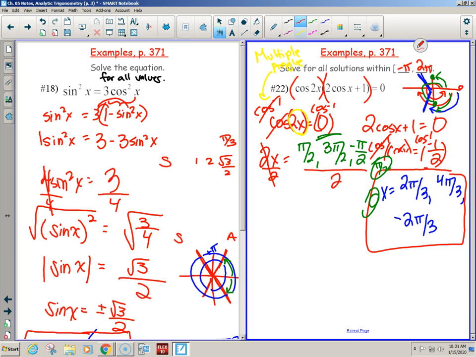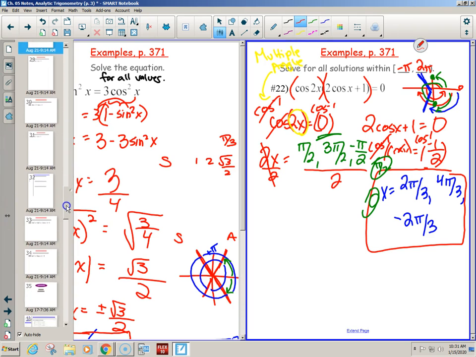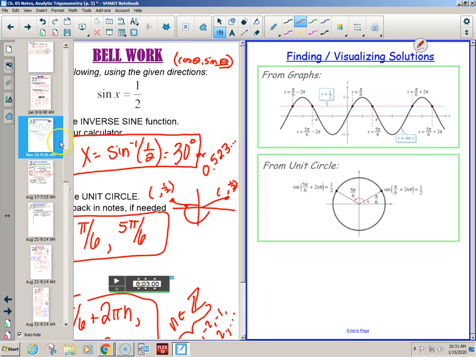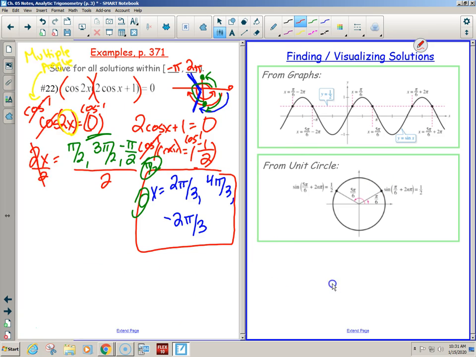And for this, it might be really helpful to show a slide that I kind of just pushed off towards the end somewhere in section 5.3, where I was trying to show about visualizing solutions.